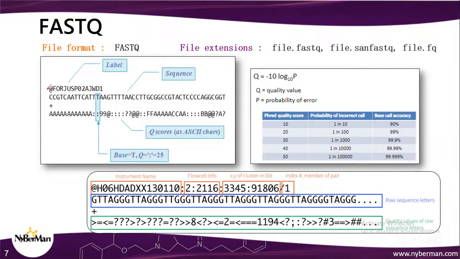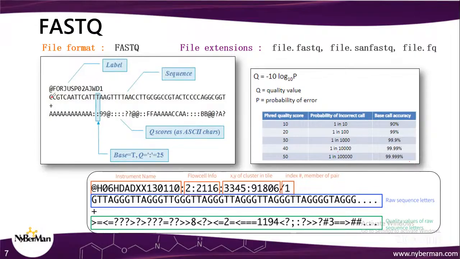A FASTQ file will have 4 lines, where the first line will be the header or the label for the sequence, and it will start with @. This header line will have the same information that we discussed in the FASTA file: the instrument or sequencer detail, then there can be detail of the organism from which this particular sequence is derived, as for example Homo sapiens.